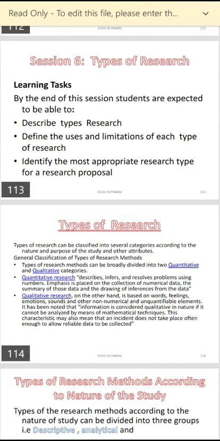But I want you to understand the concepts of these types of research and why we call this type of research this and why that is that. Because there are situations that make a certain type of research to be this and a certain type of research to be that.